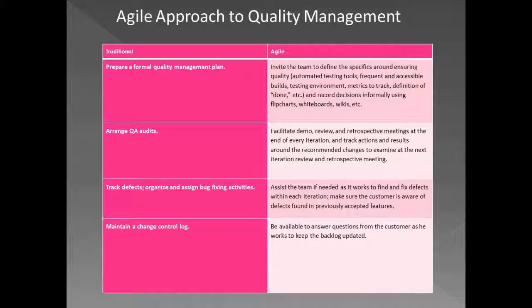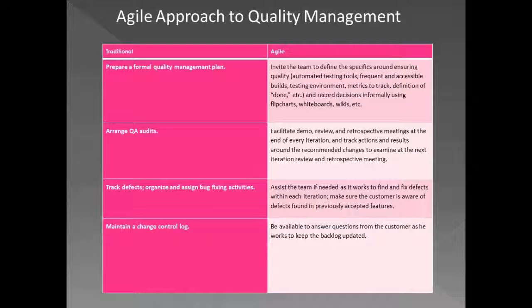These are not documented formally, but informally using whiteboards, flip charts, or wikis, where we agree what kind of quality metrics we have to track and what kind of automated tools we have to use.